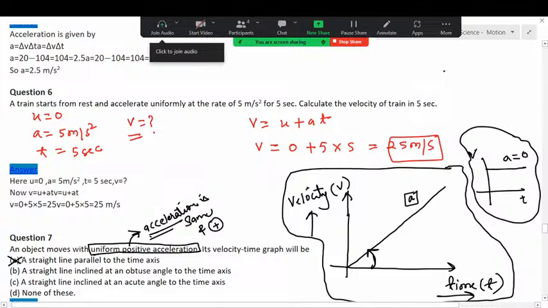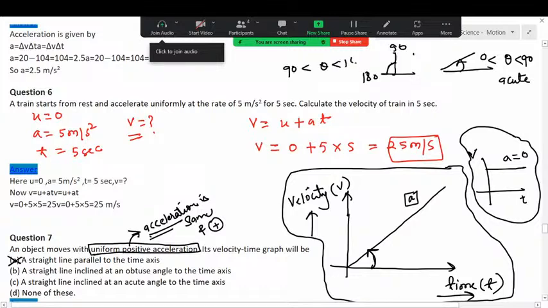Which angle is acute? If an angle is between 0 and 90, it is acute. If an angle is between 90 and 180, it is obtuse.